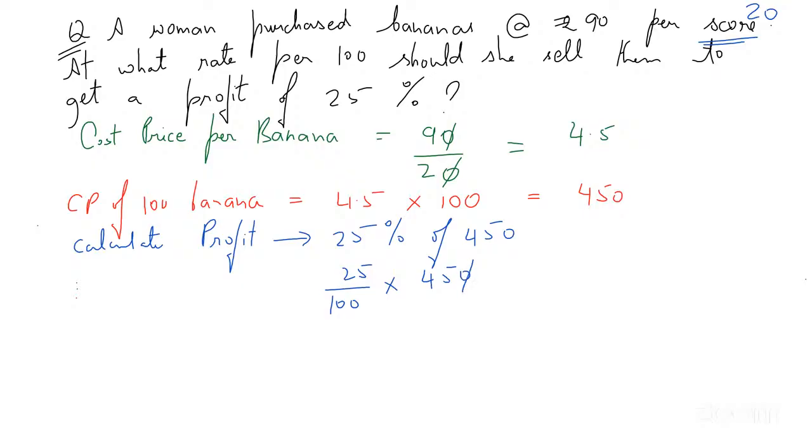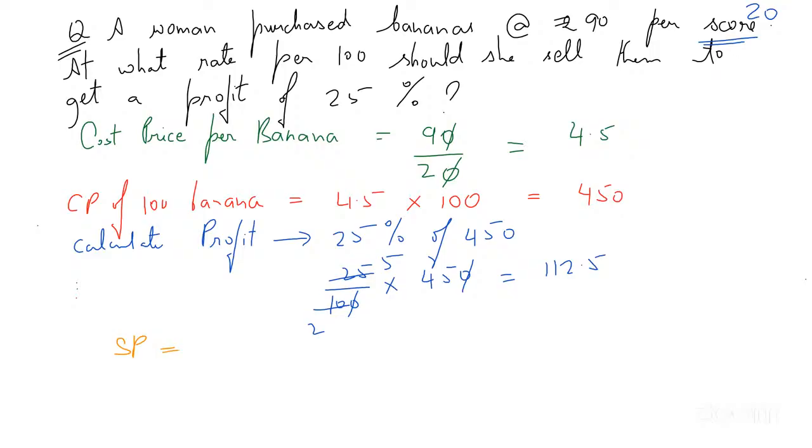The answer is 112.5. 5 ones are 5, 5 twos are 10, 5 fives are 25. Then you multiply, cancel, and you'll get 112.50, so 112.5.